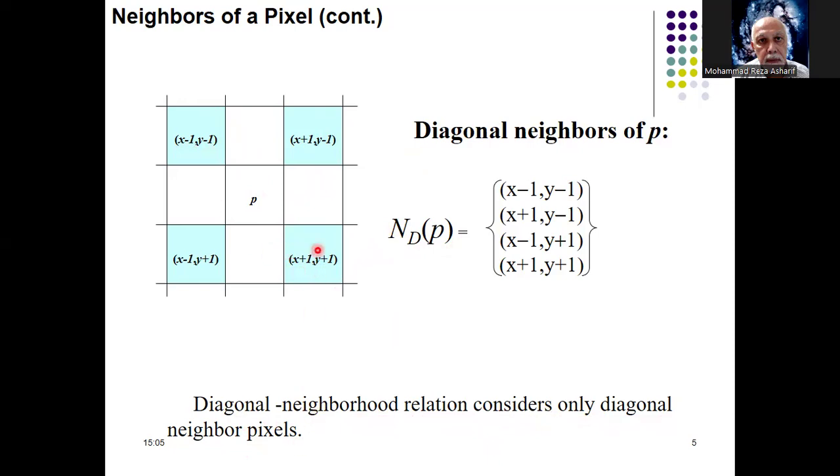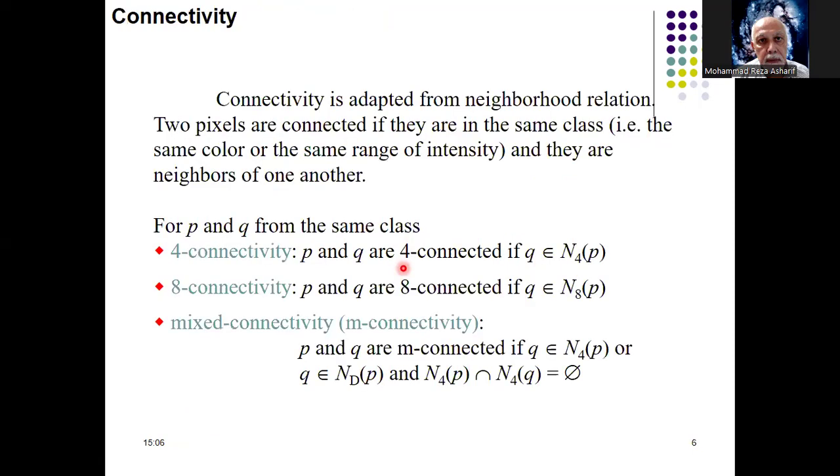So if Q is included in the diagonal neighbors of P, then we can say that P is also included in ND(Q). Maybe this is also two-sided.